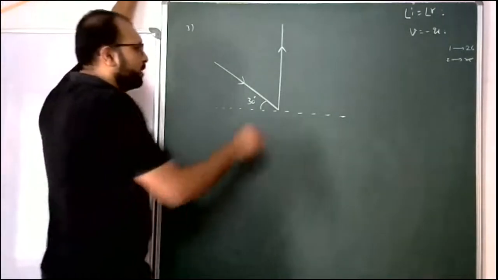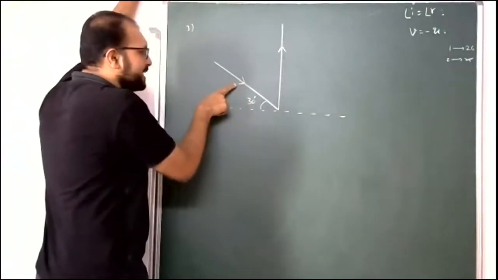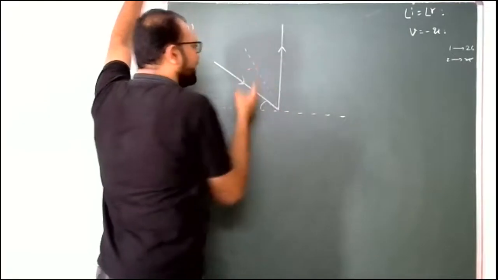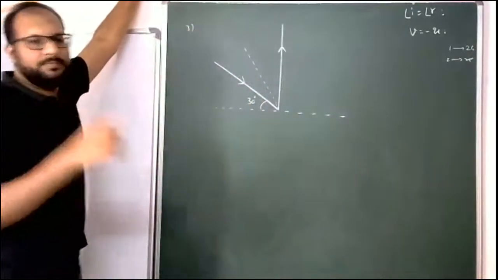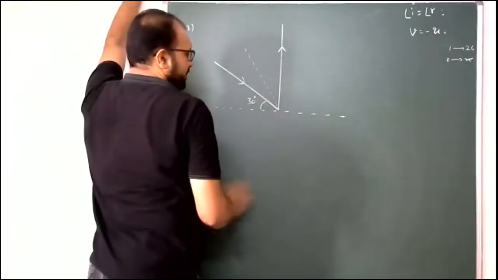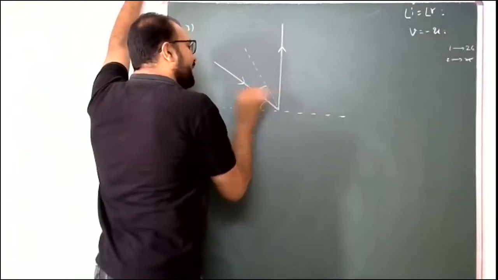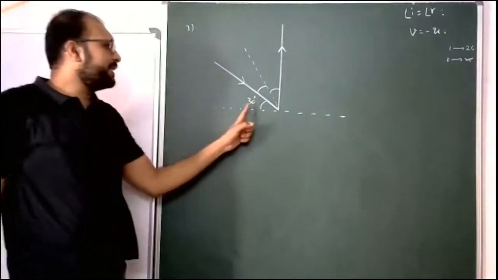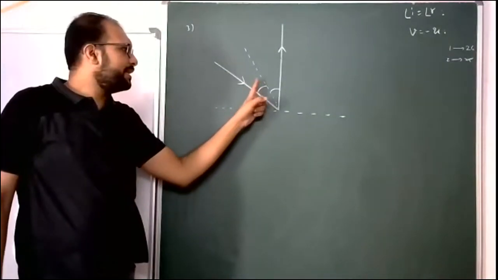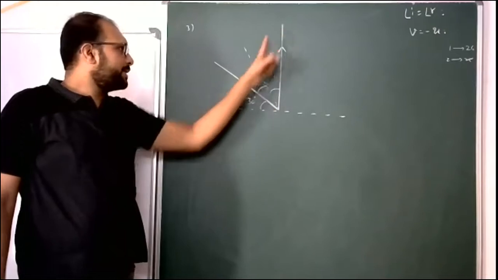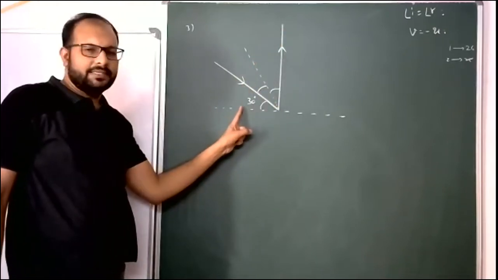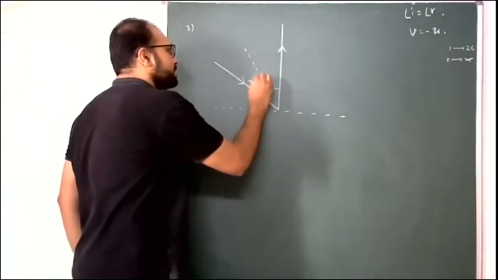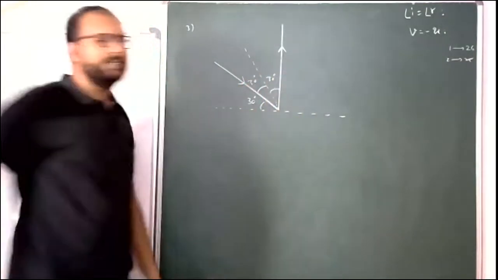See how we are going to identify it. Students, incident ray, reflected ray, so definitely there should be a normal. Whatever the angle of incidence, the angle of reflection is also the same. Already it is 30. This angle is the same, but the total is 90. Already 30 over, 60 means 30 and 30.